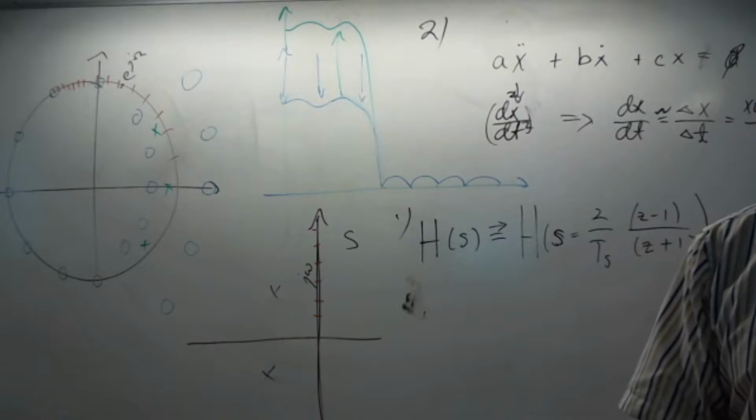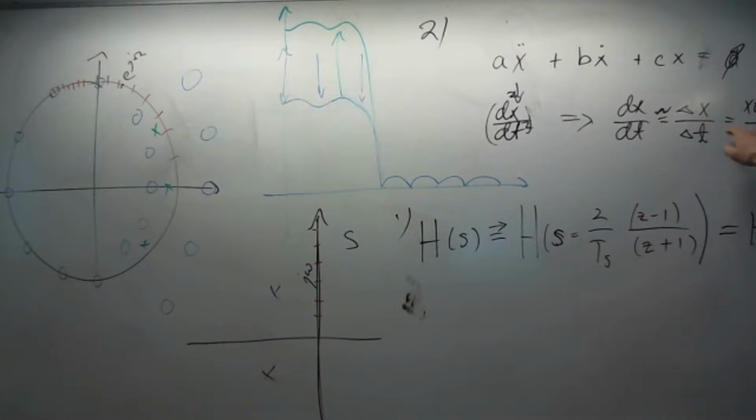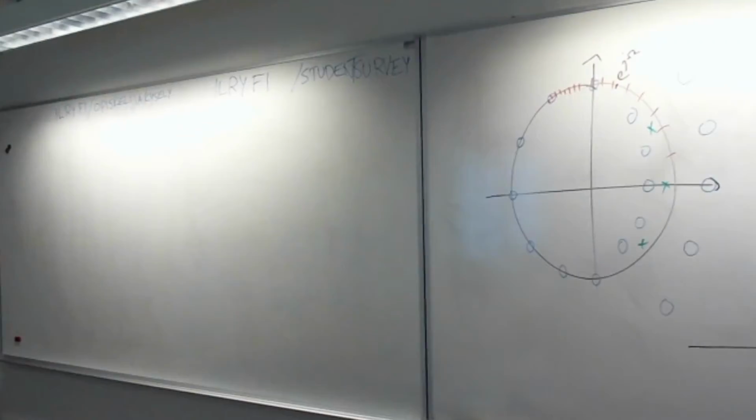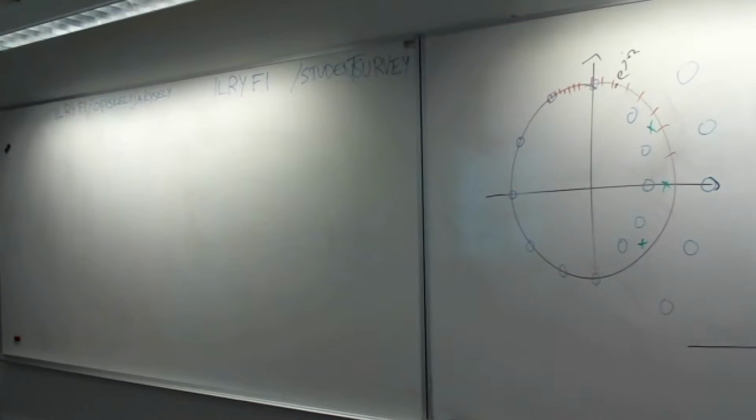However, while the good point is that the frequency scale is actually still linear, it's still exactly those time points, just sampled time points, the problem comes from the following.